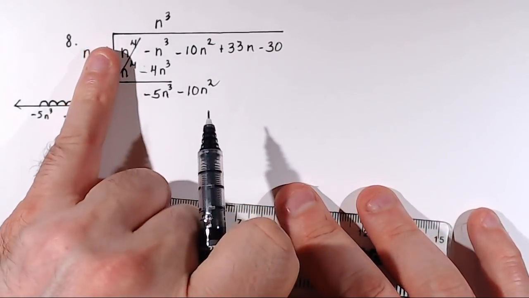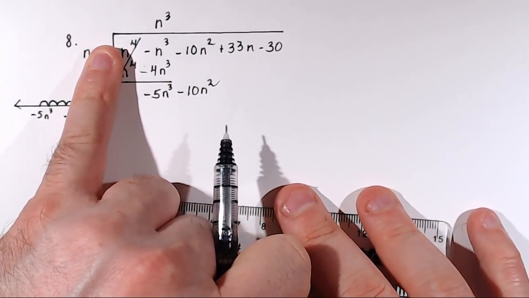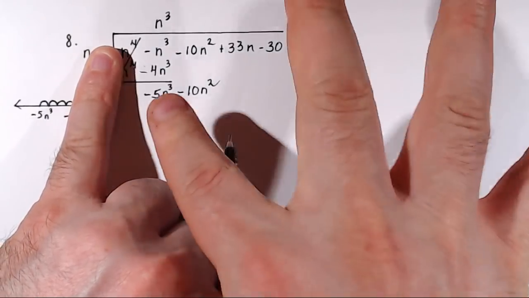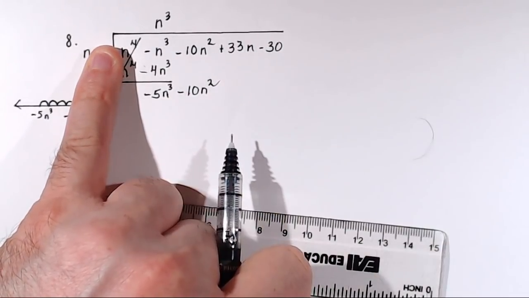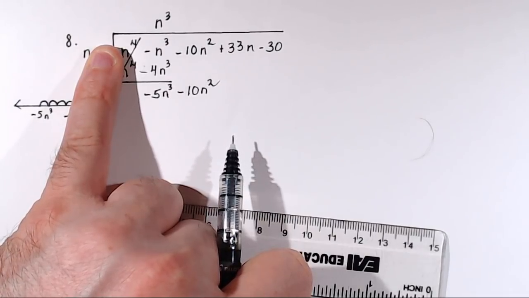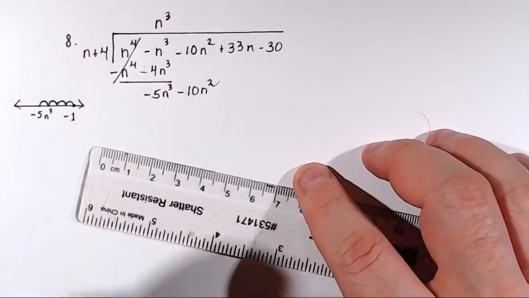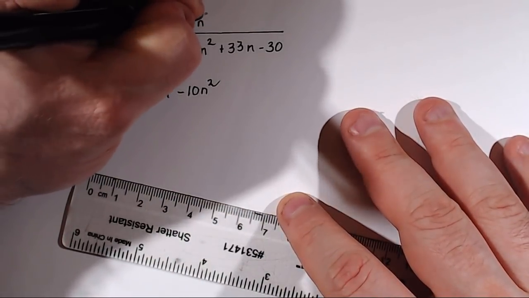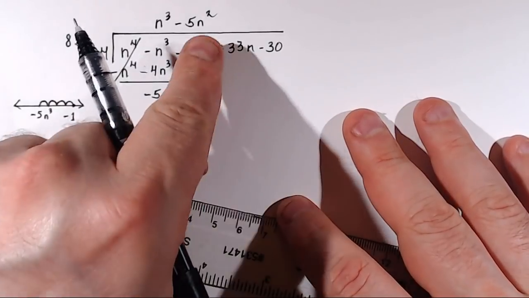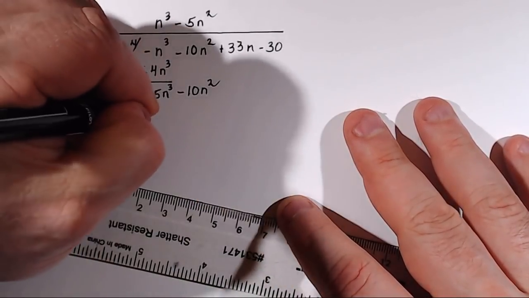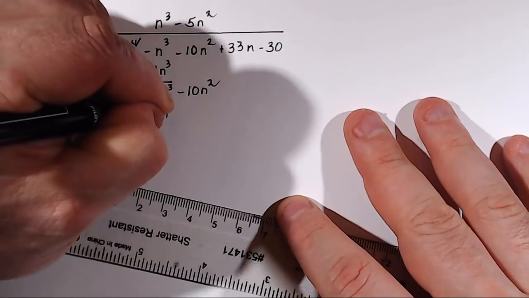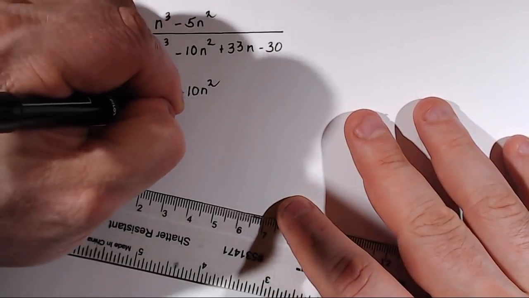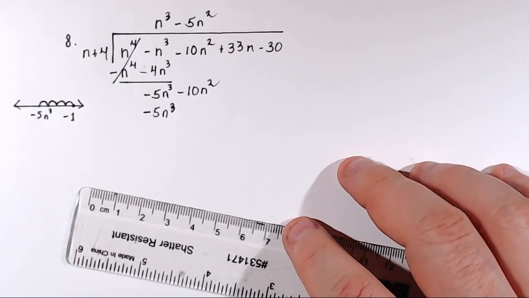And multiply what by n to get negative 5n cubed? Looking right here, what times n equals negative 5n cubed? Well, negative 5n squared times n equals negative 5n cubed. Multiply through. Negative 5n squared times n equals negative 5n cubed. Having a hard time writing the threes.